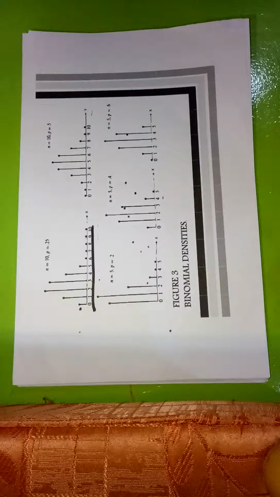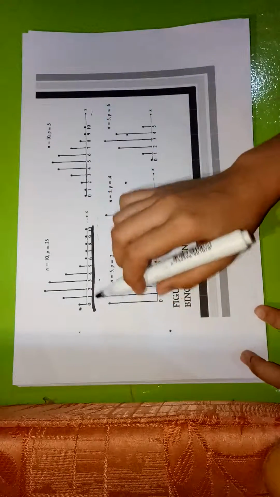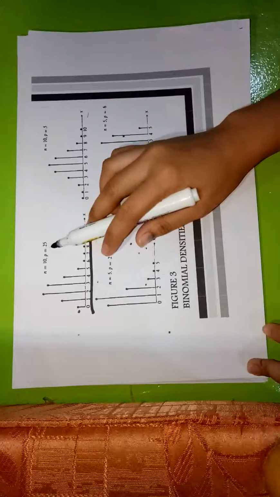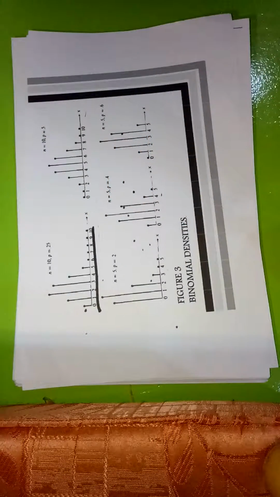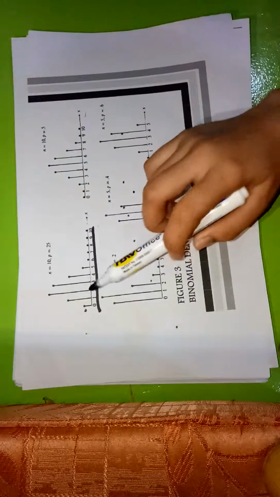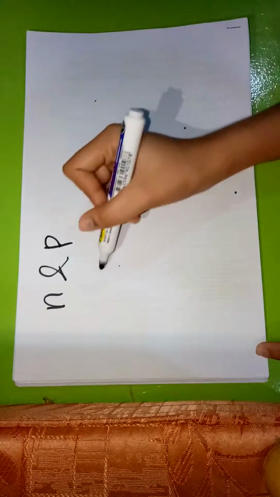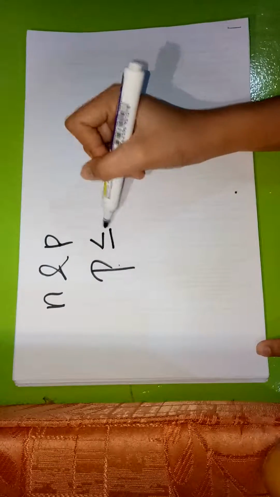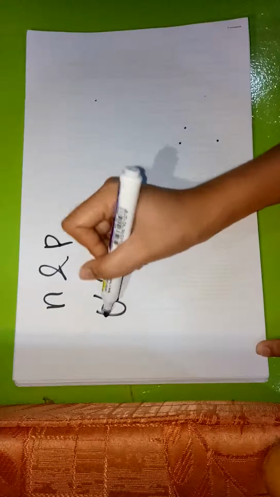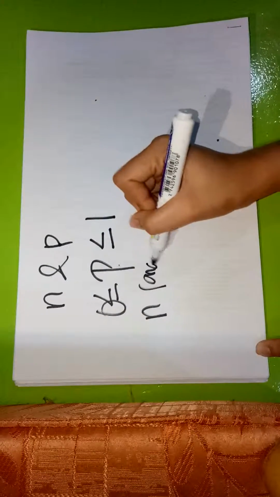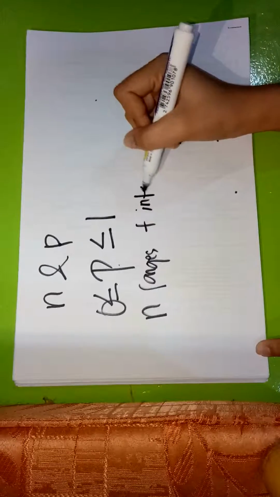So we have here Figure 3, the binomial densities. We have x values and also n and p. If we substitute these to the given formula, which is n taken x, p to the power of x times q to the power of n minus x, we will get these values, where the parameters n and p satisfy p less than or equal to 1 but greater than or equal to 0, and n ranges over the positive integers.